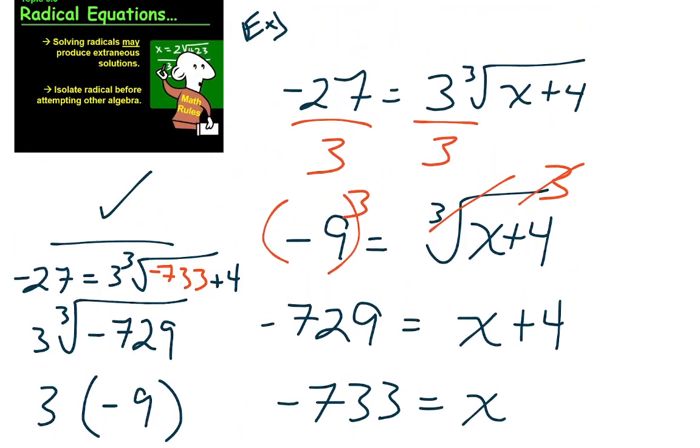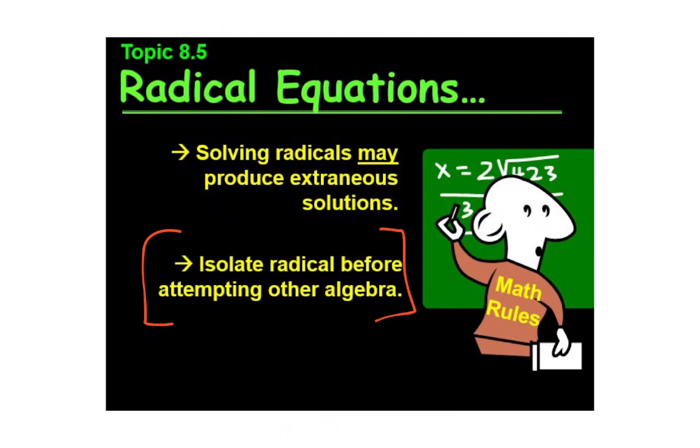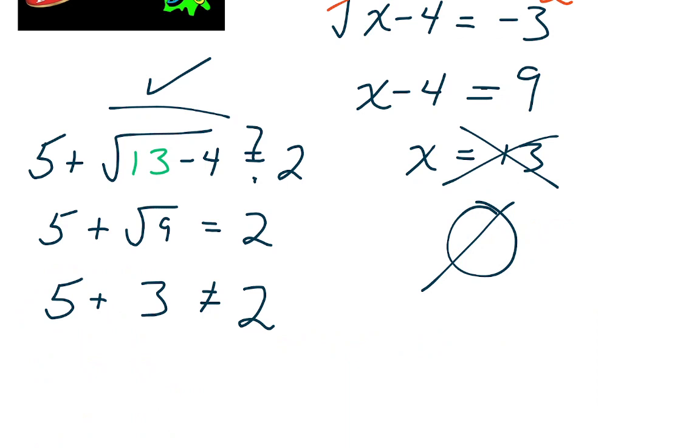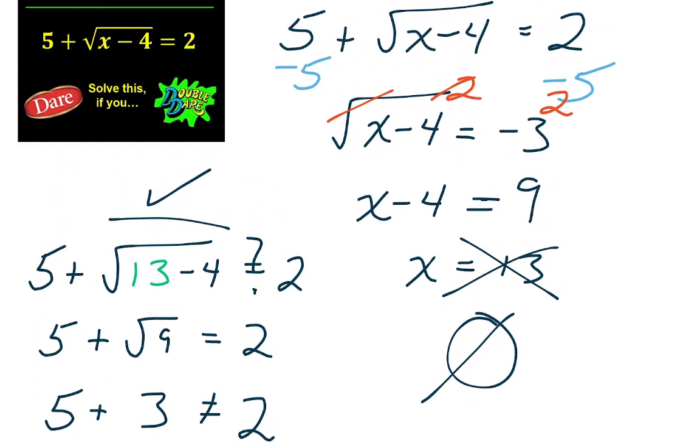Now, the truth is, when it comes to certain even radicals, I should be circling the even index right here. Even radicals can never equal a negative number. I didn't want a plus or minus there, just a negative number. Can't happen.